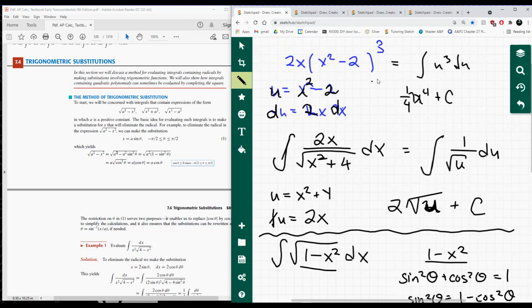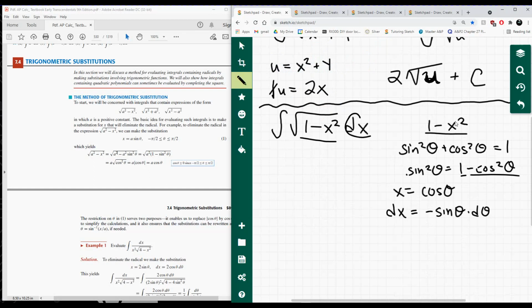For example, in these previous problems, we had u equal to x squared minus 2, and by taking the derivative we had du equal to 2x dx. Had this term been something different than 2x, we would have to divide both sides to make it fit, and we might have replaced that entire numerator and the dx with, say, negative du or 3 du. But in fact here all we're going to do is replace this entire dx with negative sine theta d theta.